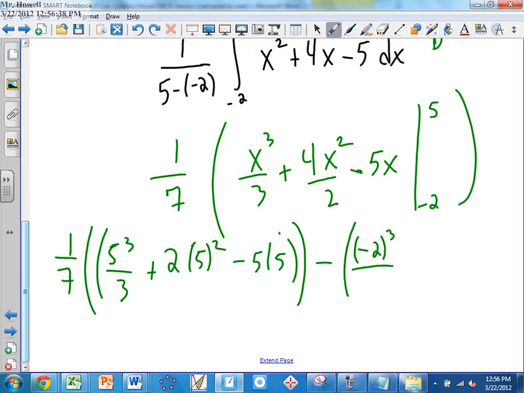Make sure when you put in your calculator, -2 cubed, again, it's -8. We're just plugging in. Remember, the 4 over 2 reduces to 2.